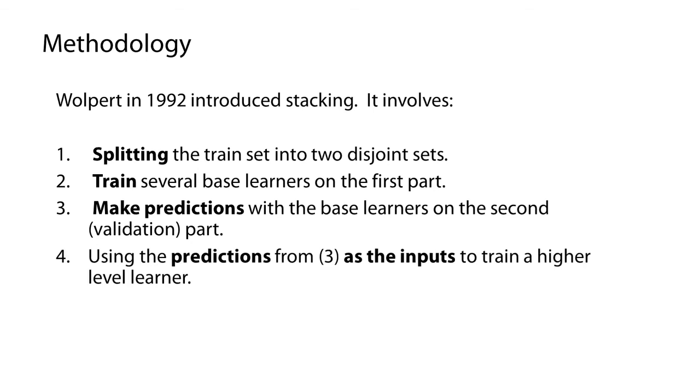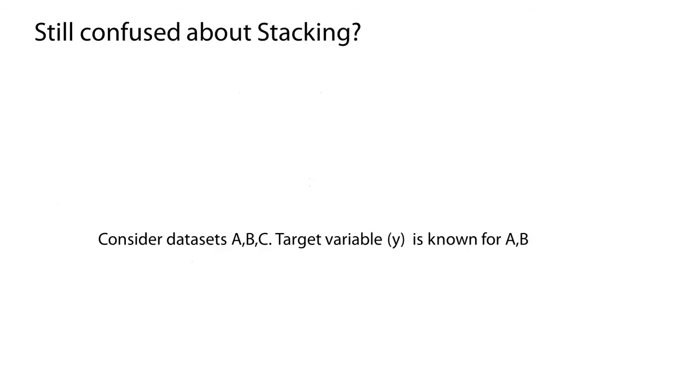And if we know the target variable of this data set, then we feed a new model with these predictions as inputs and with the target variable for that validation set as the main target variable. This is stacked generalization.